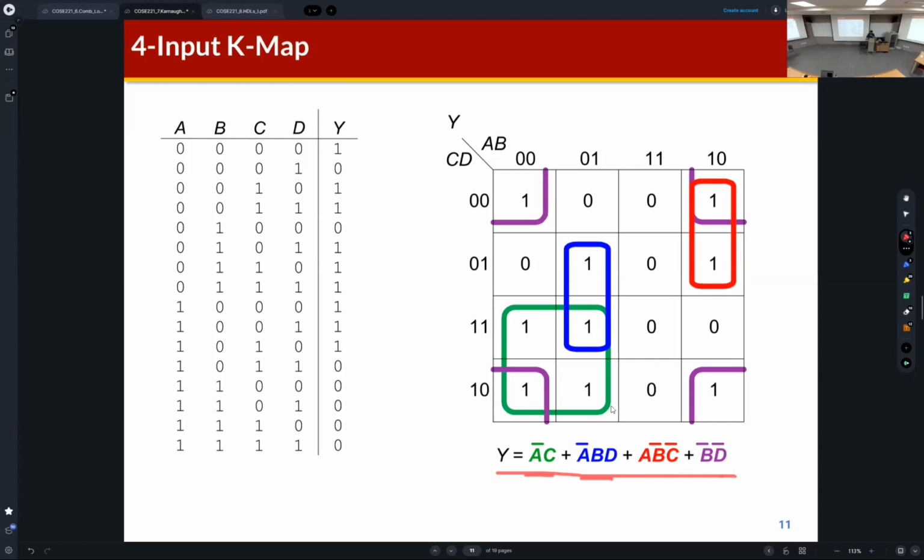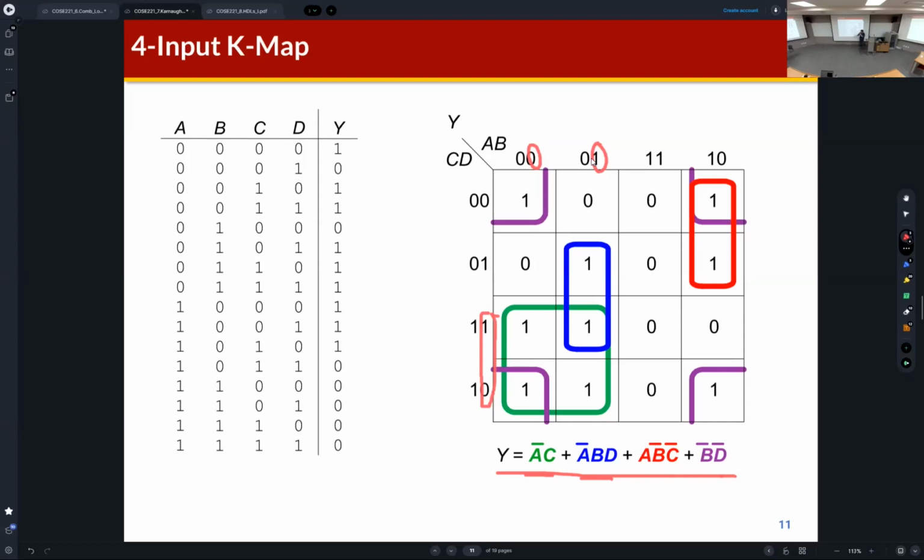So it's a green colored group. In the green colored group, we can find all possible values of D here, so 1, 0, right? And also we can find that in this group, B has all possible values. Which means that in this group we can eliminate B, because it includes B plus B bar.